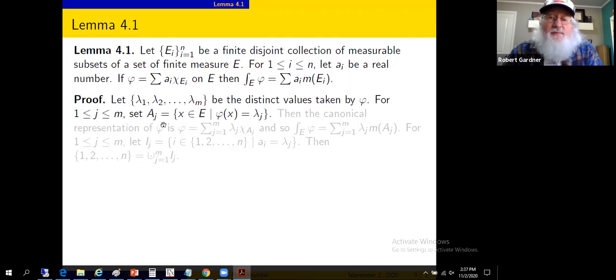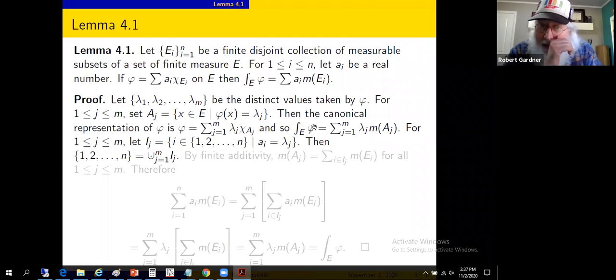So on A sub j, the function phi takes on the value lambda sub j throughout that set A sub j. That's how set A sub j is defined. All right, then we can take these A sub j's and lambda sub j's and produce a canonical representation of simple function phi as a sum from j equals 1 to m, lambda sub j, characteristic function on A sub j.